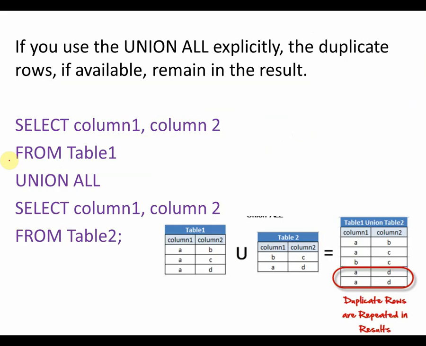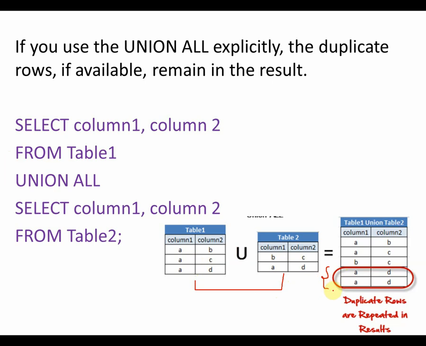Going ahead with what is the meaning of union all. Whenever we say union all, this particular union all is explicitly used for those cases where even duplicate rows are expected. So when I say duplicate rows, if you see over here, when we perform a union on this table and on this table, we get these two rows which are exactly same.